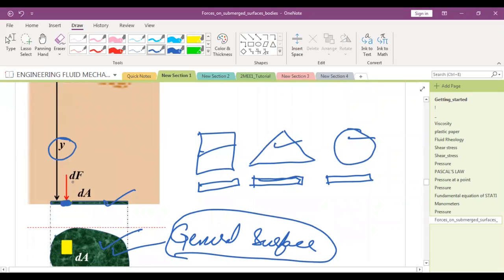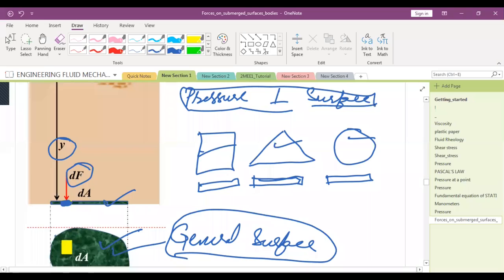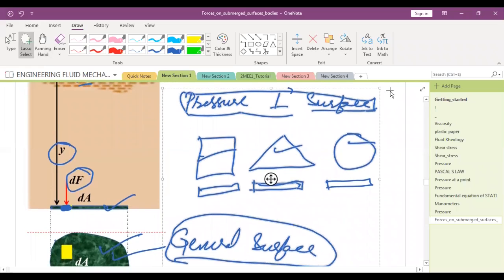In which direction will the pressure force act? Perpendicular to the surface. Please remember, pressure force is always perpendicular to the surface. If you remember this rule, you will never get confused whatever the shape of the surface. So dF is the small force acting on this differentially small element having area dA.